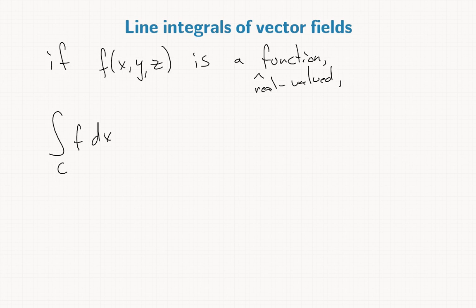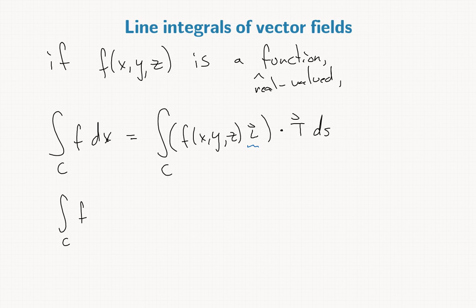the integral of f dx over C to mean the integral of f(x, y, z) i. So we turn this into a vector field just by putting it as the coefficient of i. And then we take this line integral dotted with T ds.